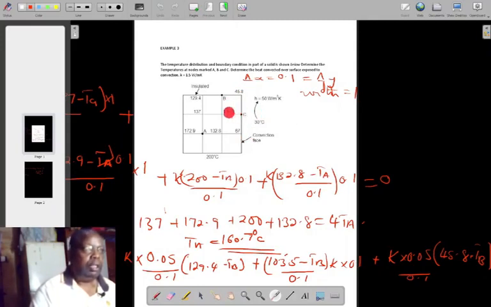So between this and this, we'll have a temperature difference of 103.5 minus Tc. Between that and that, we'll have 67 minus Tc. And between that and that, we'll have 45.8 minus Tc. And the temperature difference there will be 30 minus Tc following that convection.